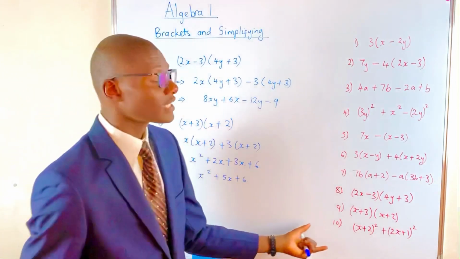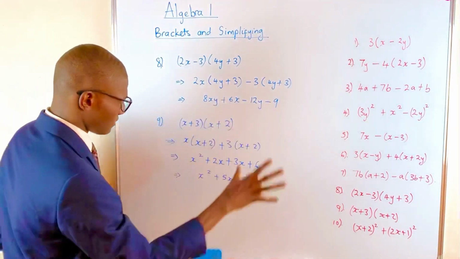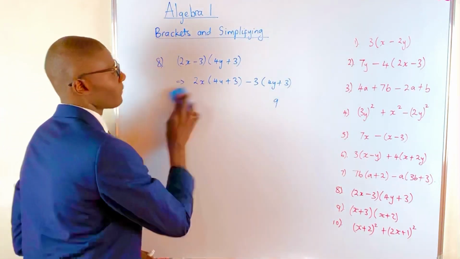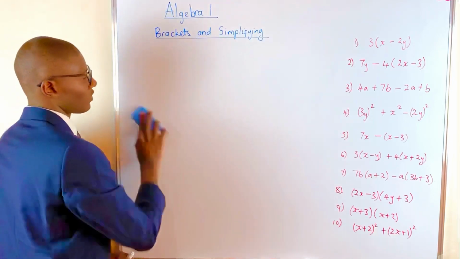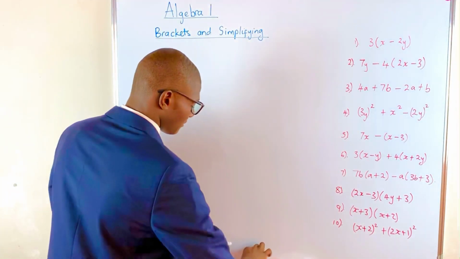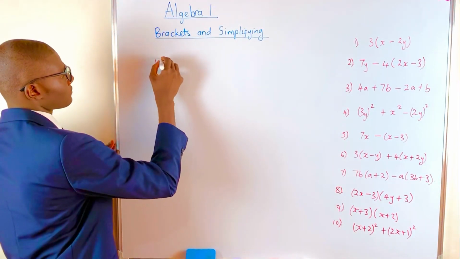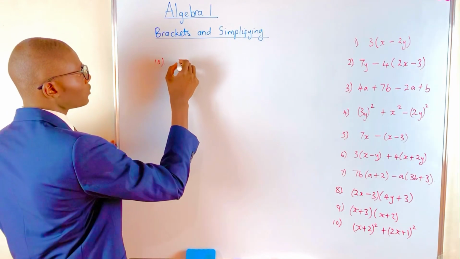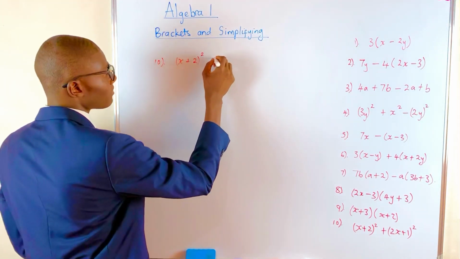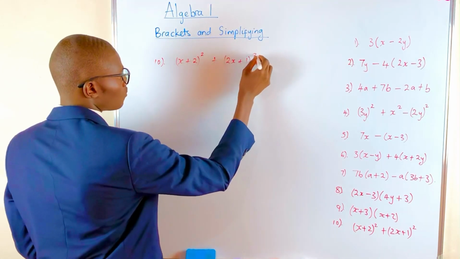Now I would like to look at the last one, that is number 10. So allow me to erase this part. Okay, so now for number 10, we are saying we've got x plus 2 squared, then plus 2x plus 1 squared.